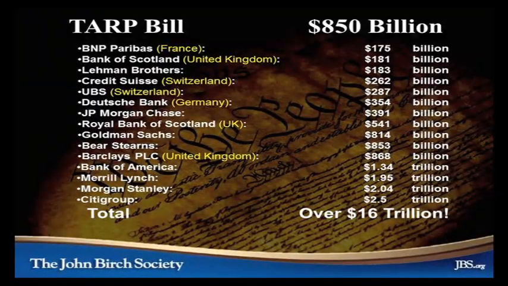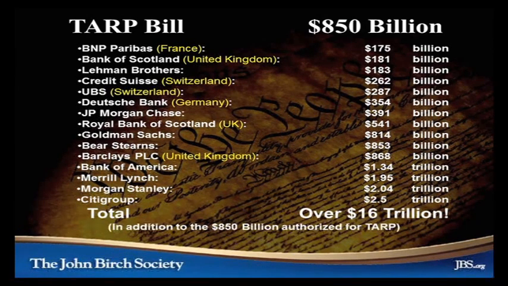Something's wrong here. In fact, the total comes out to over 16 trillion, and the subtle little detail I didn't tell you is not one penny of this is the actual 850 allowed by TARP. All of this is in addition to the $850 billion authorized by TARP.